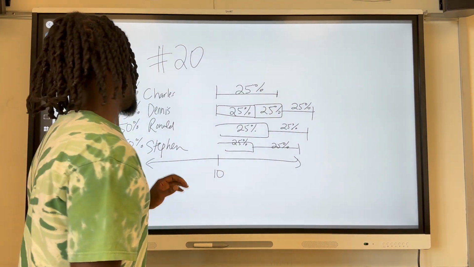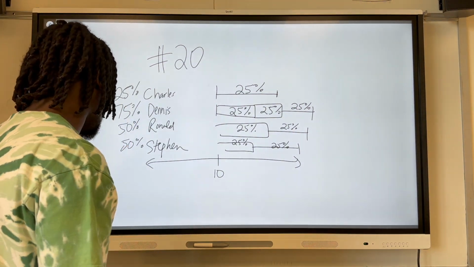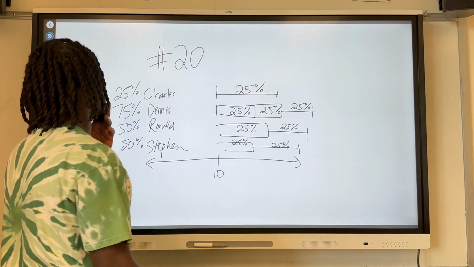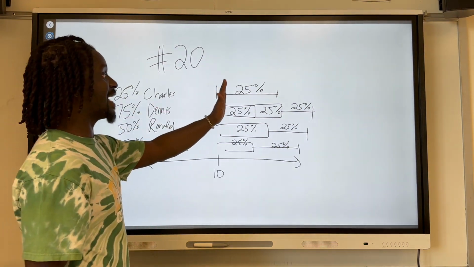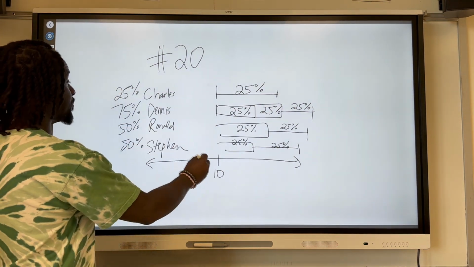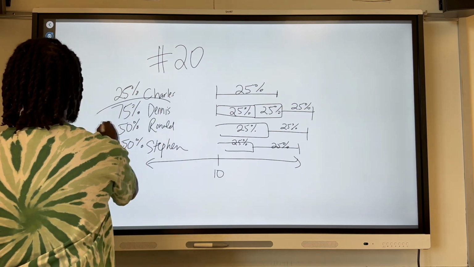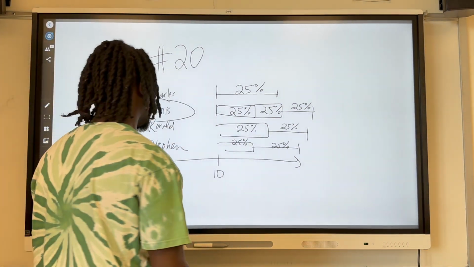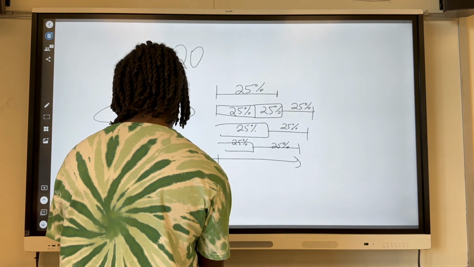And it's asking which player most likely had the most. Based on looking at this box plot, Dennis had 3 sections that were above the 10, 75%. So Dennis is likely the player that had more above 10.